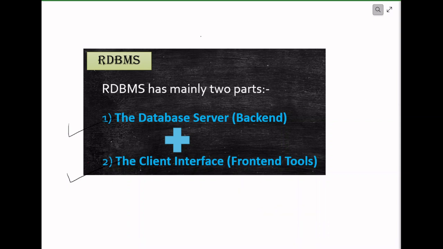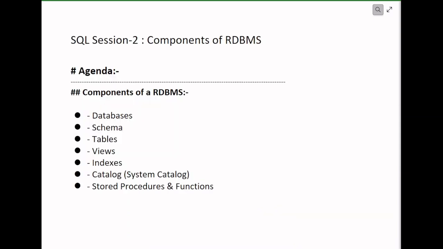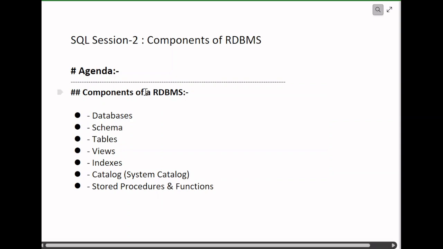Okay. Now let's jump into today's session. The agenda of this session is to see the components or the objects which we can create inside an RDBMS. First of all, we can create a database. Then once the database is created, we can create a schema inside a database. We can create tables inside a database. We can create views.